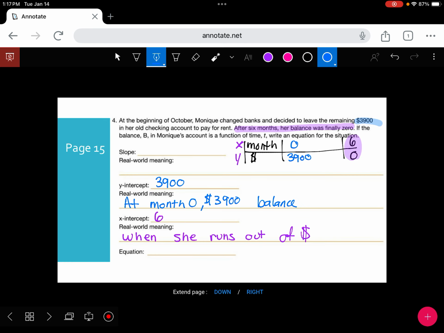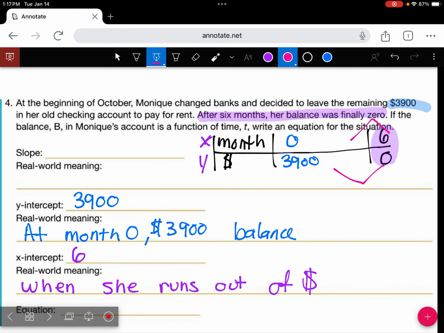So how can we figure out our slope? Yeah. We're looking for our change in y's over the change in x's. So what we wind up doing is we're seeing how much subtracting 3,900 over the course of 6 months is going to do.